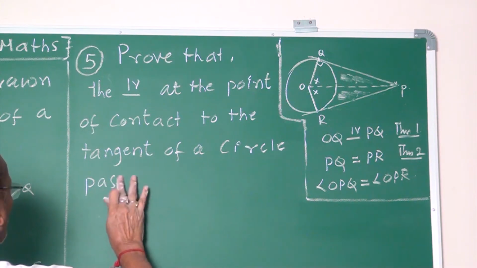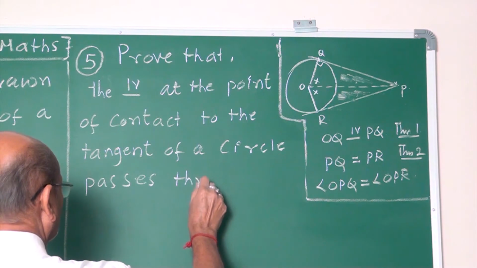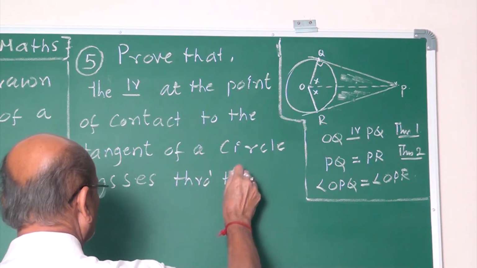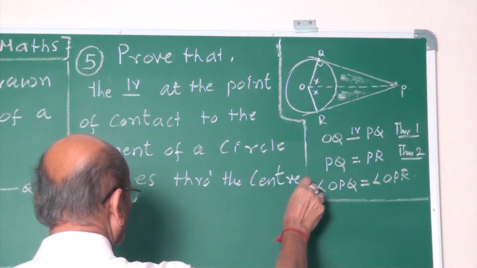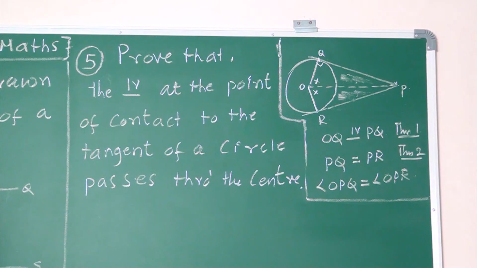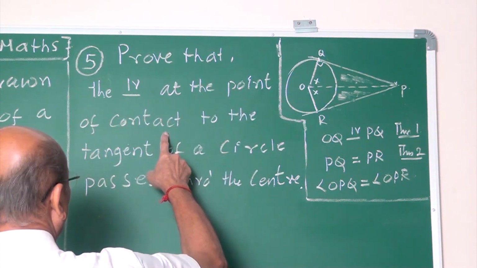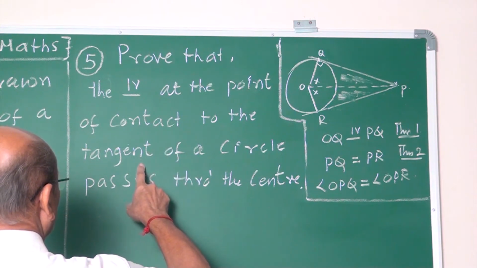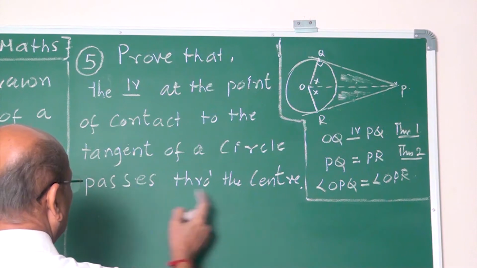You want to prove this: it passes through the center. Prove that the perpendicular at the point of contact to the tangent of a circle passes through the center of the circle.